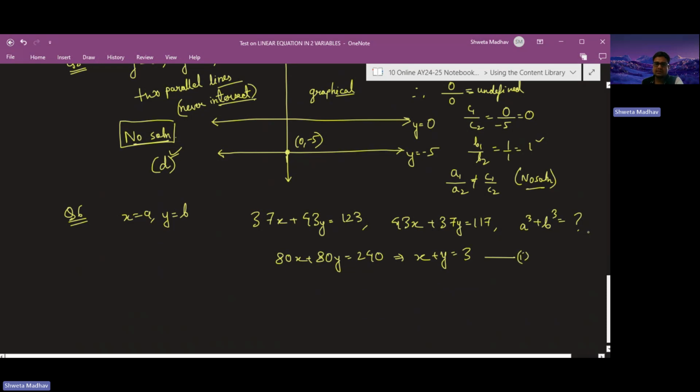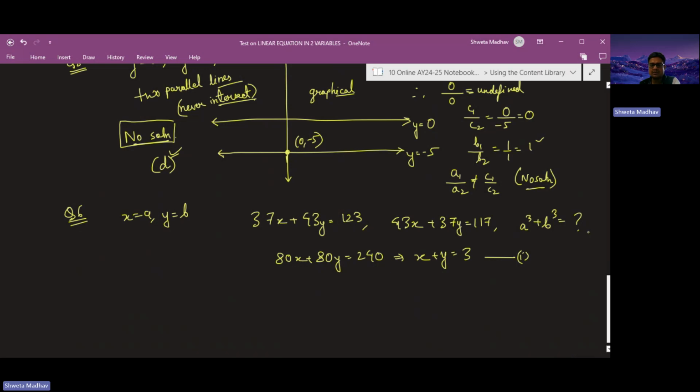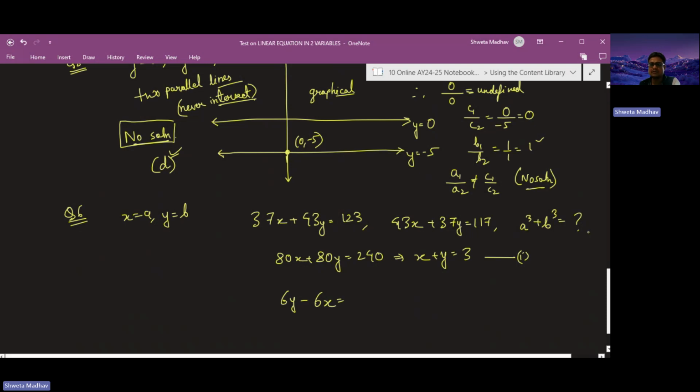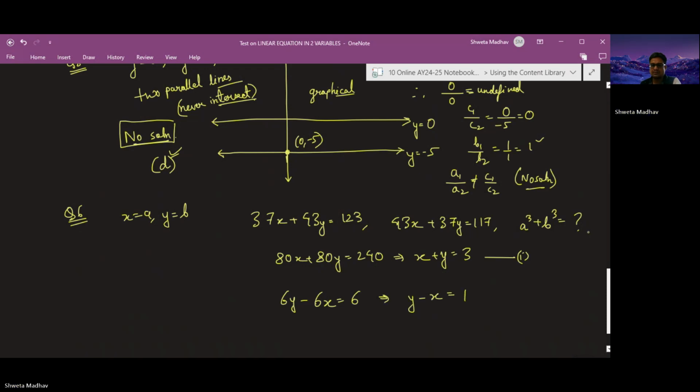And if we subtract these two, then we will get 43y minus 37x, which is 6y minus 6x, that is equal to 123 minus 117, that is equal to 6. So therefore I can say y minus x is equal to 1. This is our equation 2.